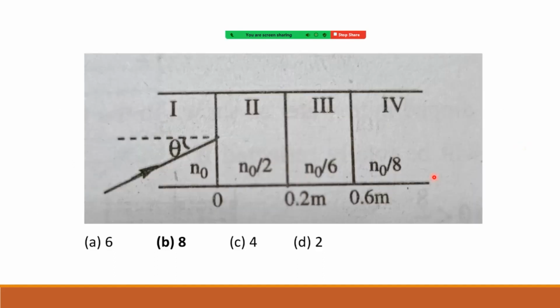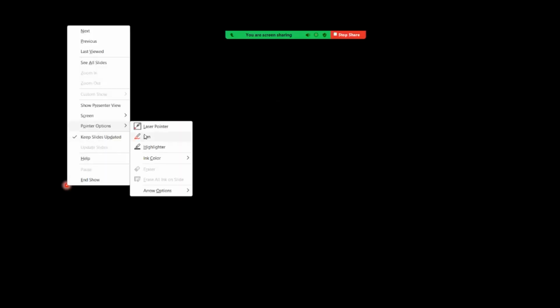So N0 sin theta is equal to N0 by 8 times sin 90, since just misses means grazing, angle of refraction is 90. Sin 90 is 1, so N0 gets cancelled. Sin theta equals 1 by 8, or theta equals sin inverse 1 by 8.